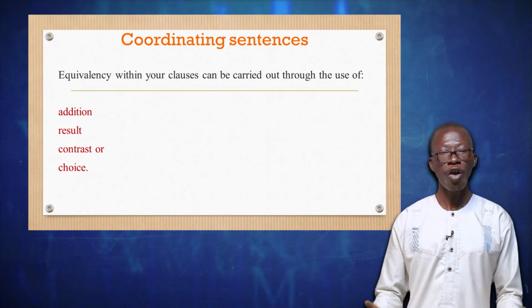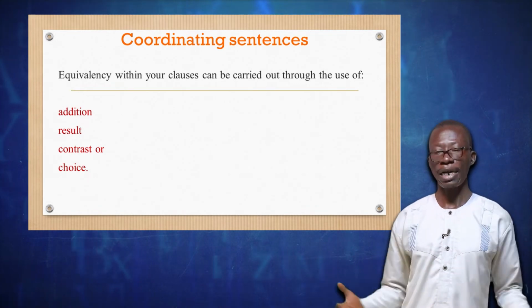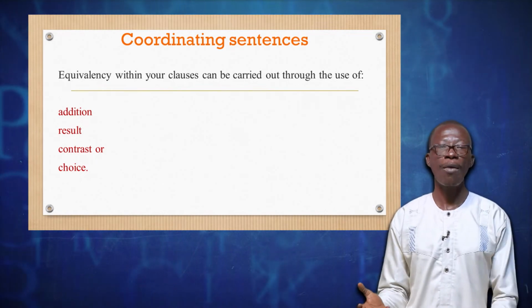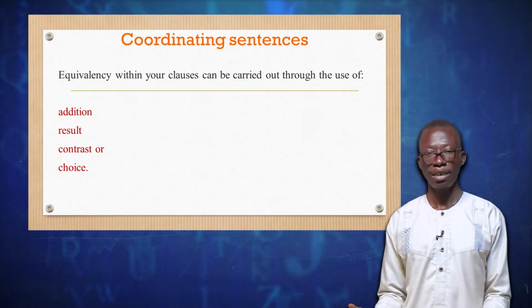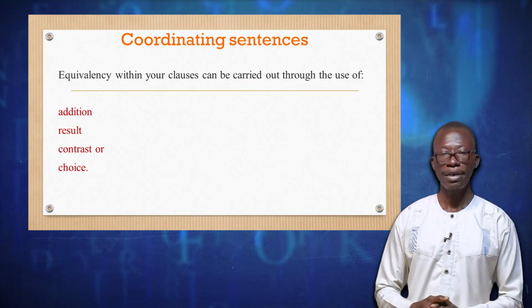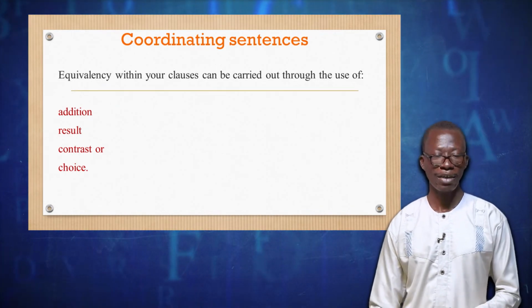So these four areas are open to us in order for us to show equivalency in our ideas in independent clauses. We shall pick one for now and discuss that one in detail.